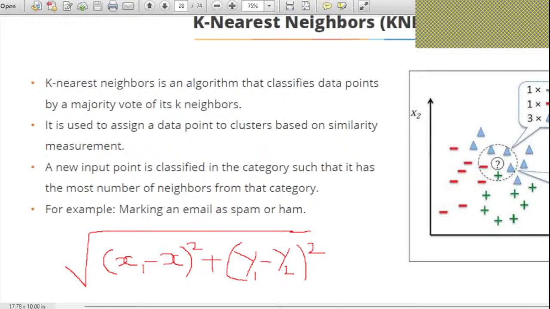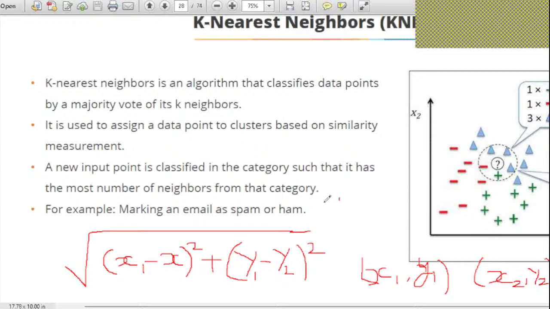Now x1, y1 and x2, y2 are two data points in a 2D space, in xy coordinates.